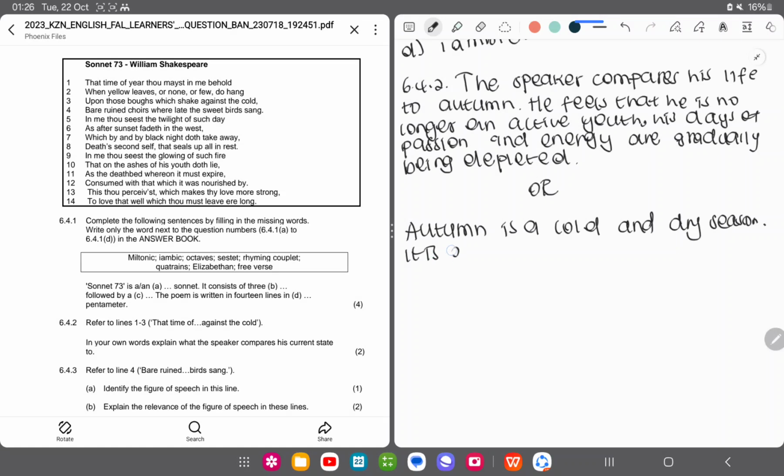It is a season of transition from summer to winter. So we say autumn is a transitional season because we're moving from summer to winter, right? So we can say here the speaker is moving from his youthful days to his old days.